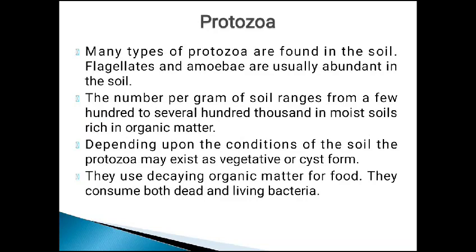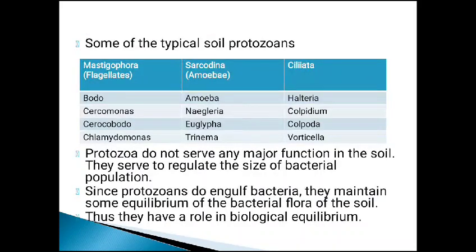Another group is the protozoa, and many types of protozoa are found in the soil. Protozoa may be flagellates or amoeboids, and these two are usually the largest in number.